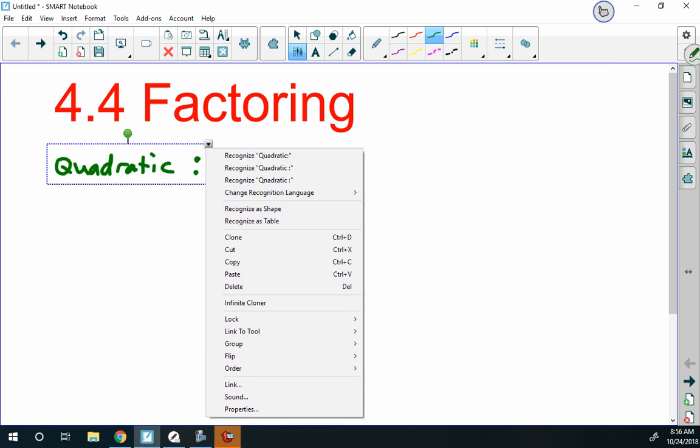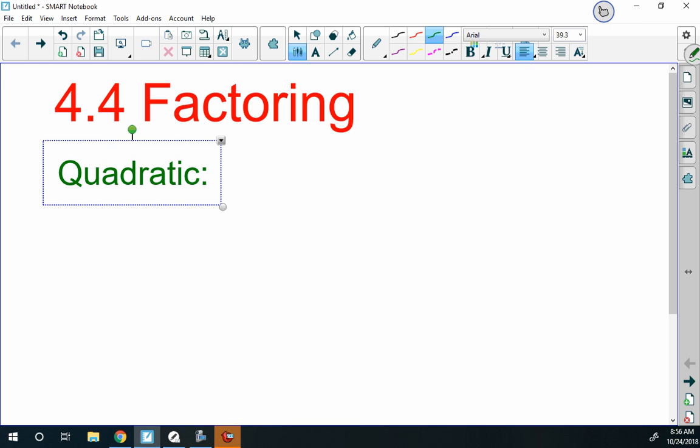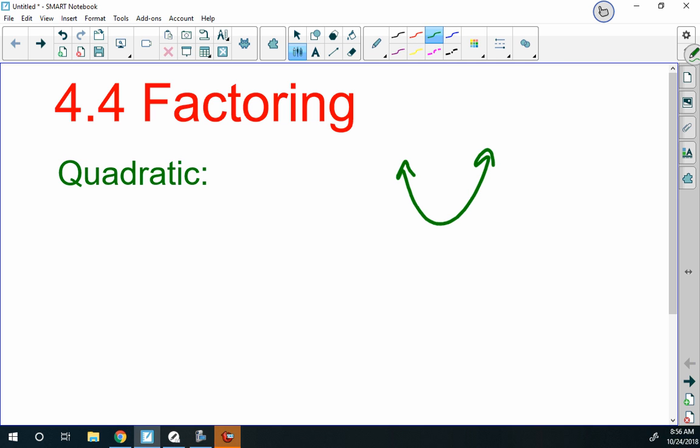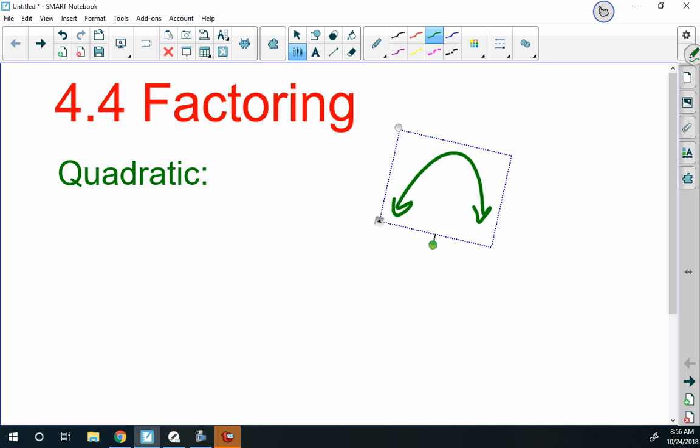Anytime I mention the word quadratic, if you think from a visual perspective, it implies that we're going to be dealing with something that looks like a parabola. Whether it opens up or whether it opens down, anytime the word quadratic is mentioned, graphically speaking, we're going to be looking at a parabola.